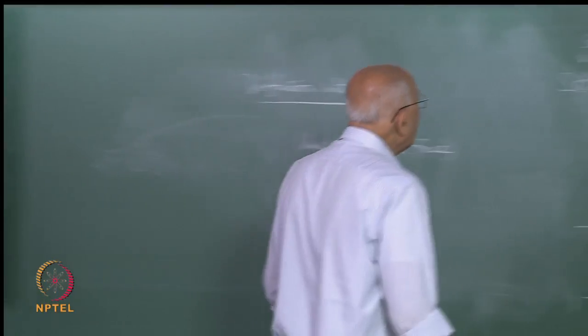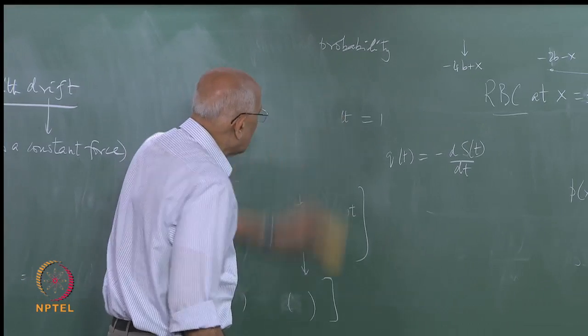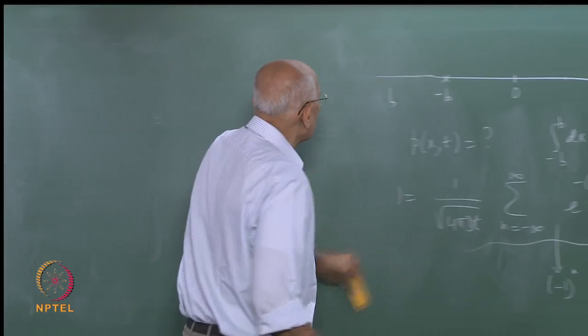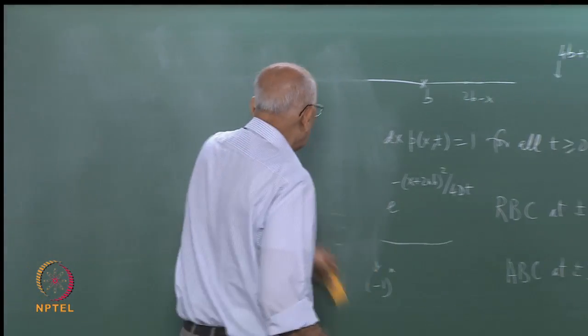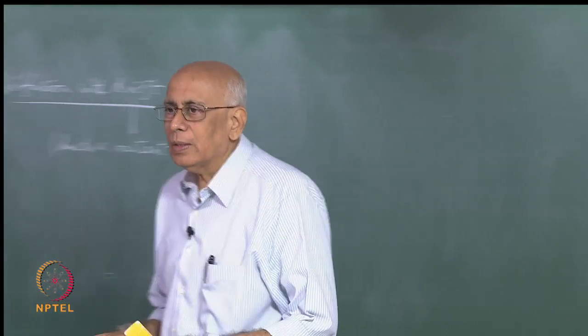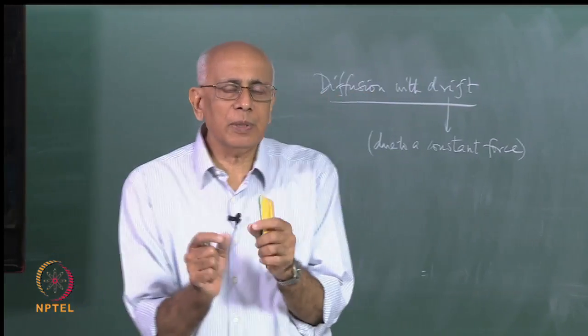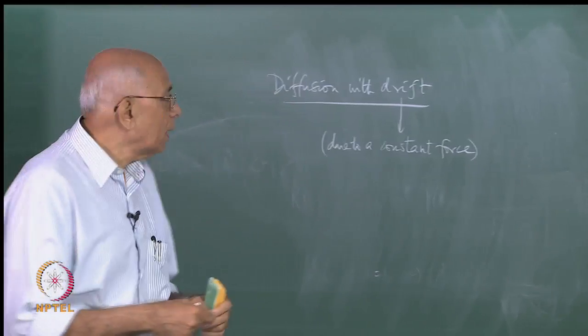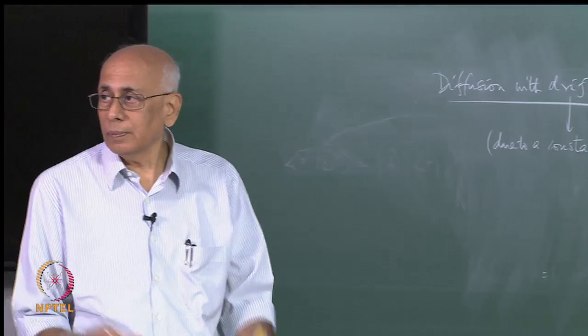Now how would you mimic that? And let us do this from first principles. Let us try to derive this equation from first principles. As usual, I already pointed out that if you took a random walker on a linear lattice and went to the continuum limit in which the step size goes to 0 and the time step goes to 0 suitably, then you can derive the diffusion equation, right.